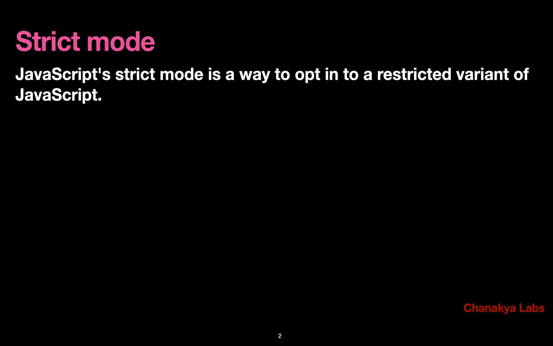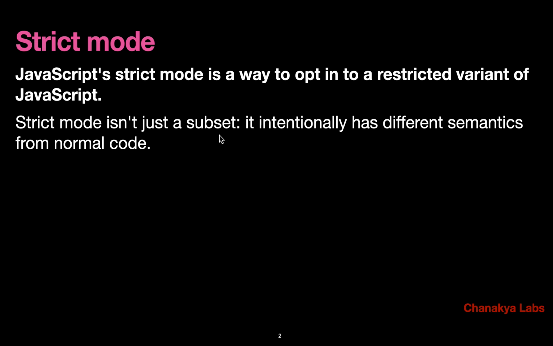From a developer's perspective, it makes our life somewhat easier, because things which silently fail or behave unexpectedly will be properly visible, and they will properly give an error if we are not using them properly in strict mode. We'll see some examples, but firstly let's see how to use strict mode.